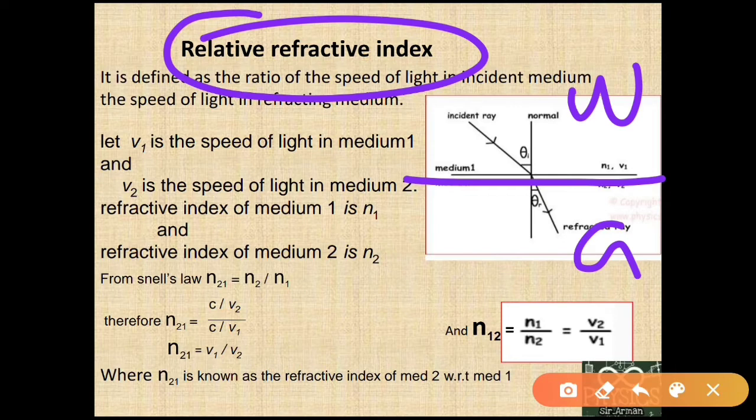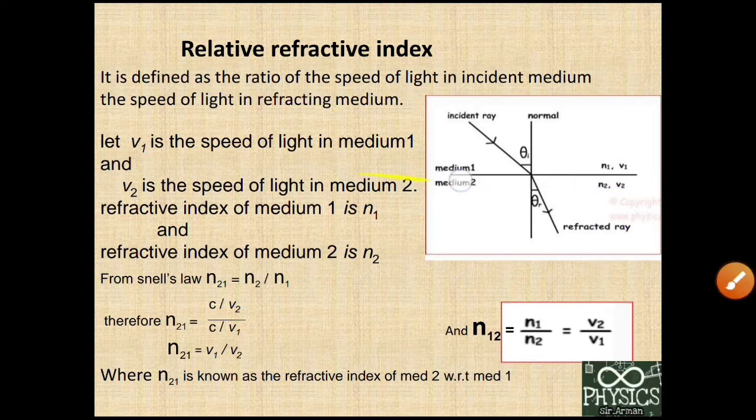That is, if we consider the change in the speed of light in a medium with respect to the vacuum, it gives us the absolute refractive index. But if you compare the change in the speed with respect to water or some other medium, it gives us the relative refractive index.